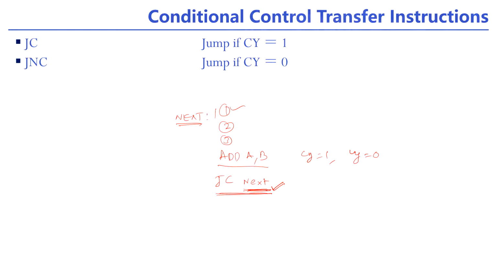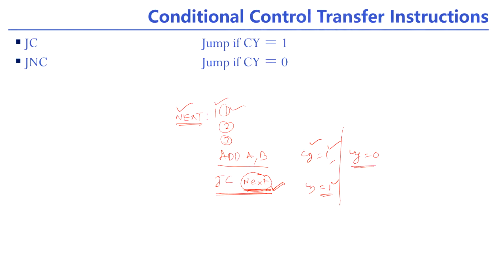Let us consider the first case, carry is equal to 1. This instruction is checking whether the carry flag is equal to 1. In this case carry is equal to 1, so the execution control is transferred to the address specified within the instruction, that is the next location, and it will execute from instruction 1 onwards.